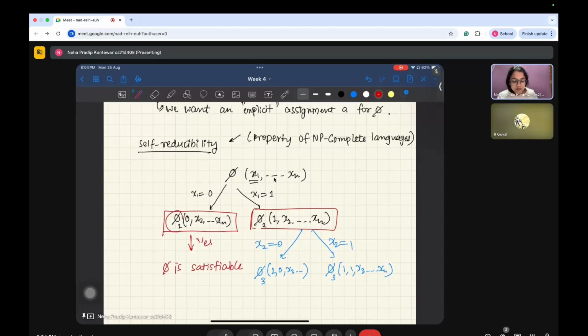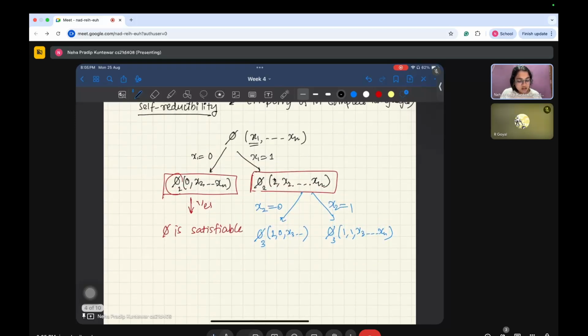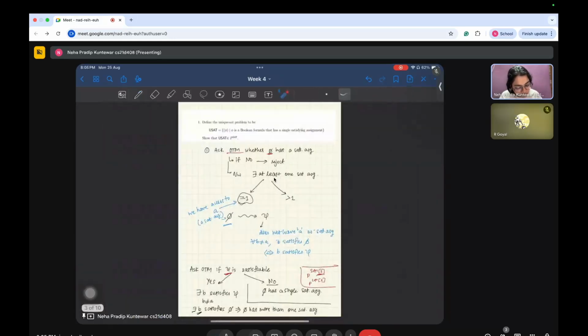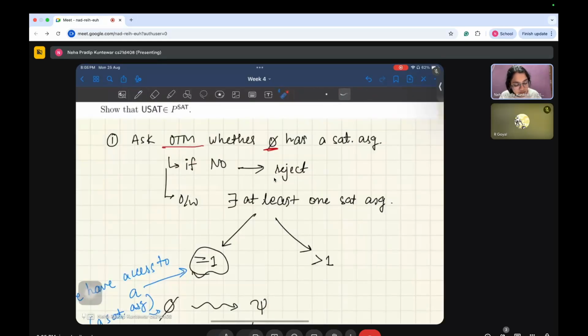Okay, sure. So now we were at this point where we asked the OTM whether phi is satisfiable at all. If it says no, then we were anyway rejecting. But now we know that there is some satisfying assignment.